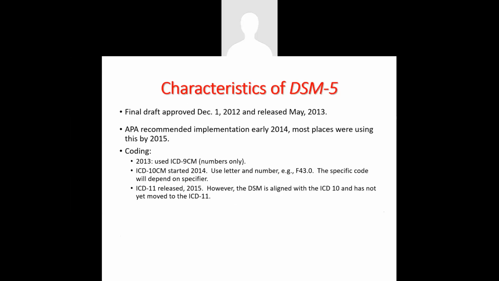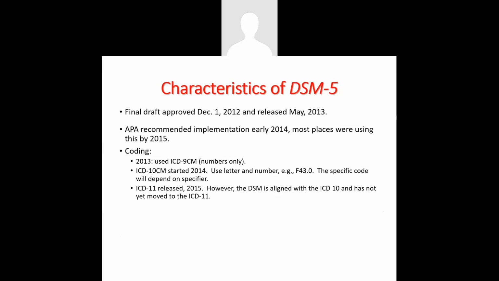A little bit more of that history. The final draft of the DSM-5 was approved in 2012, released in 2013. Most places implemented this in 2014, around 2015, somewhere in those year or two. The coding in 2013 was using the ICD-9, if we were looking at that correlation.